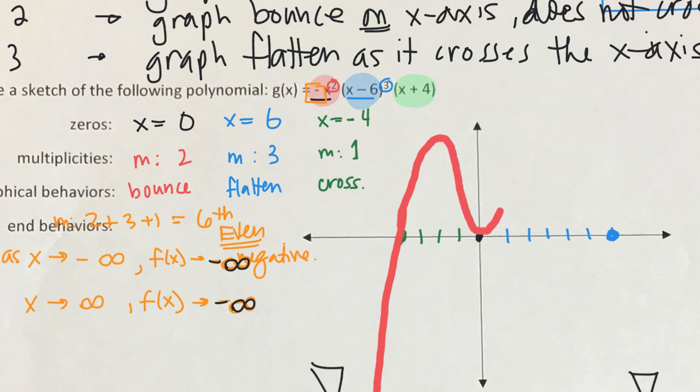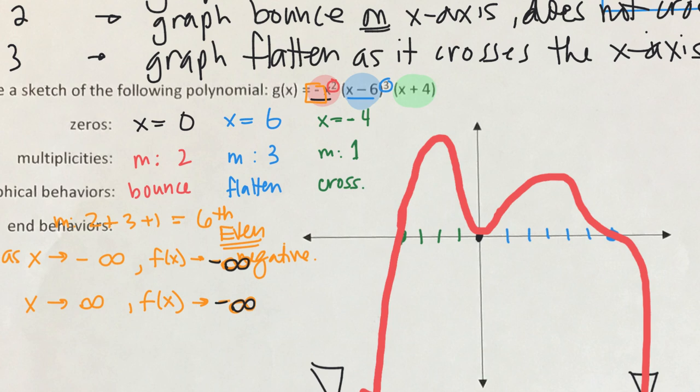So it's going to go back up a little bit, and then it's going to cross in a flattening manner over here, something like that. Remember, it doesn't have to be perfect. We don't need to know what this maximum is or what this maximum is, just that where it crosses, we're crossing kind of vertically. It bounces at 0, and it crosses flatly at positive 6.